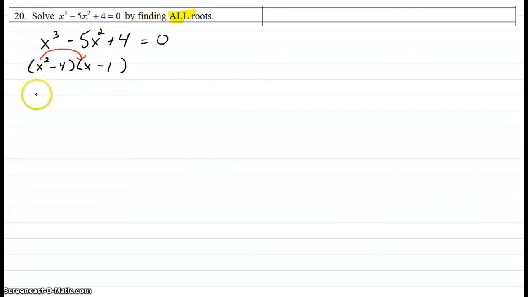So here, this would give me x cubed. Here, this would give me minus x squared. Everything looks good. The problem happens here. This negative 4 times that x only gives me a minus 4x. So I'm missing a square there, so I couldn't combine those.